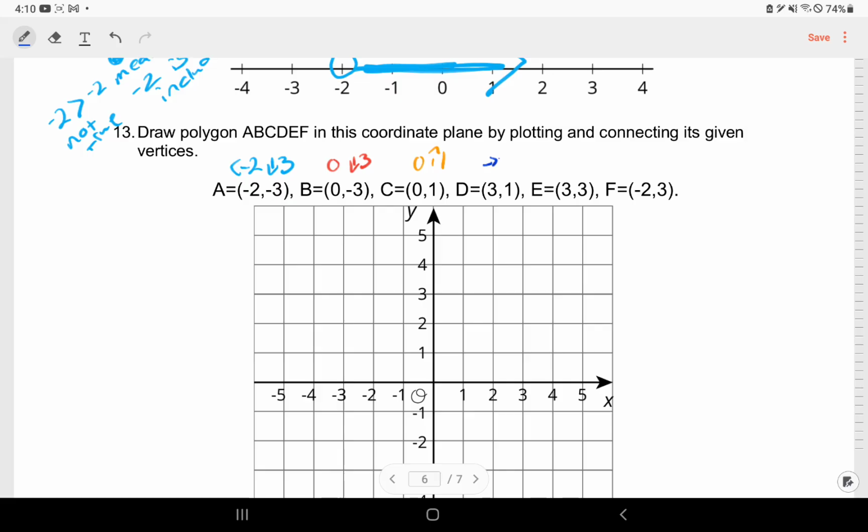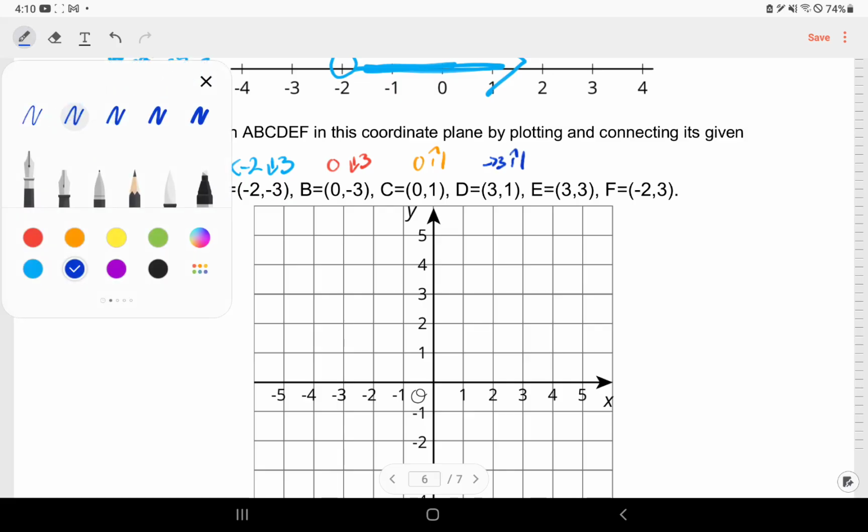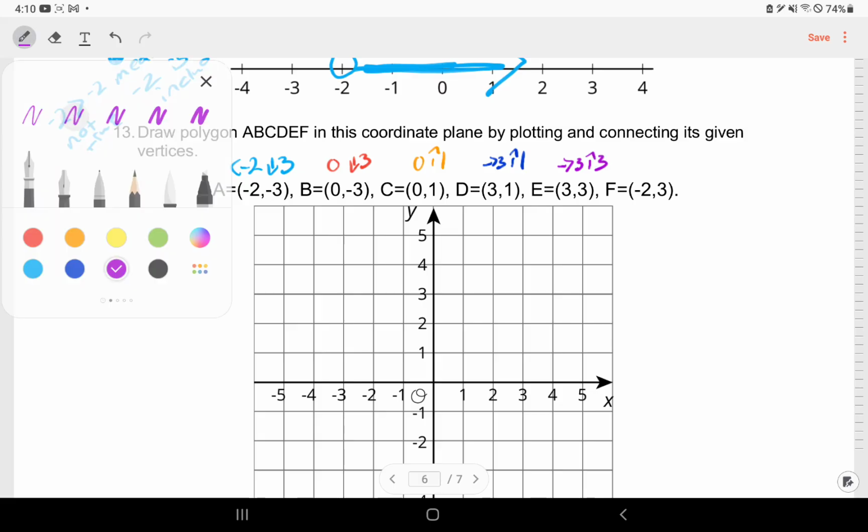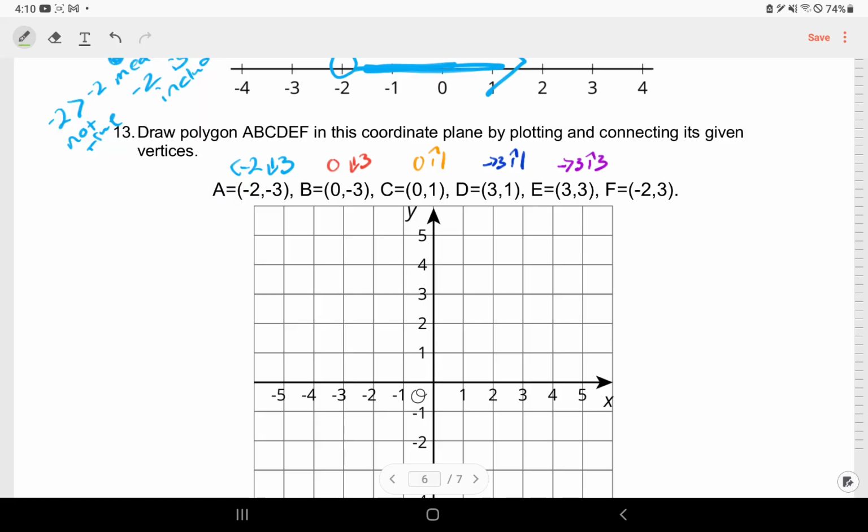Then +3, so right 3, up 1. Then +3, so right 3, up 3. Then -2, -3, so left 2, up 3.